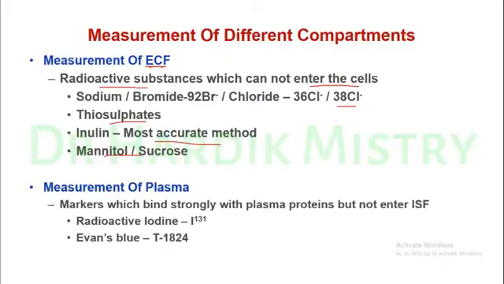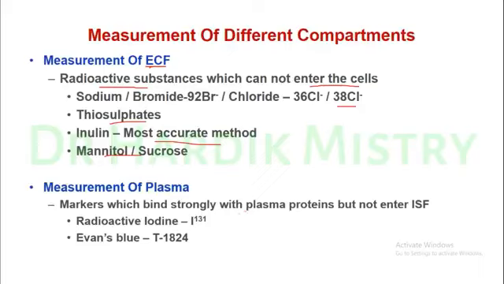Now measurement of plasma: markers which bind strongly with plasma protein but do not enter the ISF, meaning the interstitial fluid. These markers bind strongly with the plasma proteins, and they do not cross the blood capillaries and enter the interstitial fluid compartment.